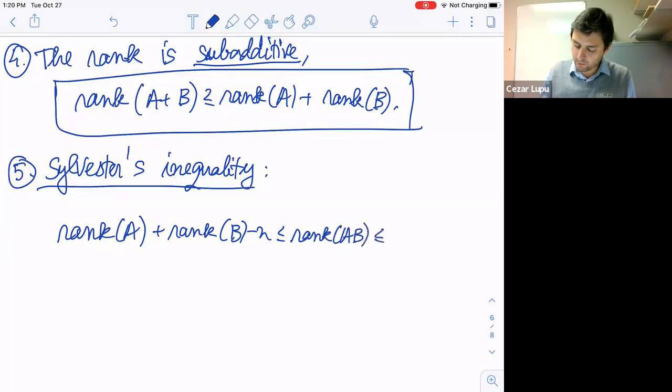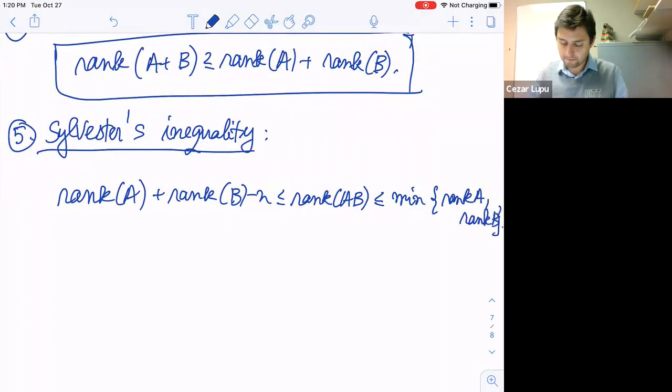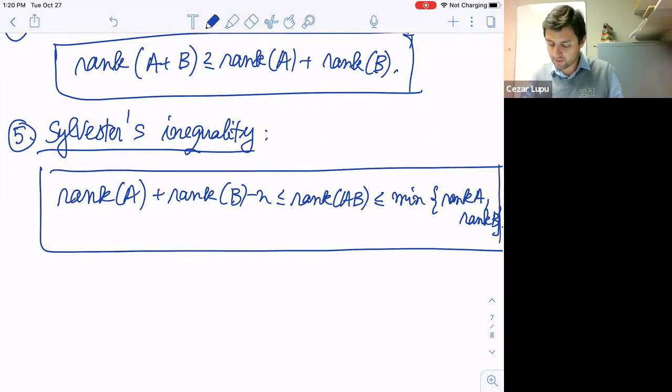And this guy is less or equal than the minimum between rank A and rank B. This is another very important inequality. You'll see some applications. All right, I think this is the theory that I wanted to do in my 7 pages of theory.